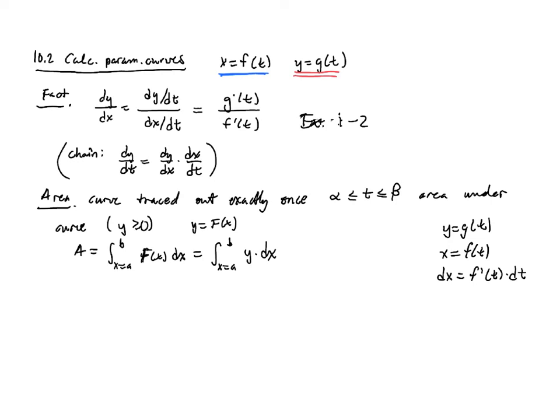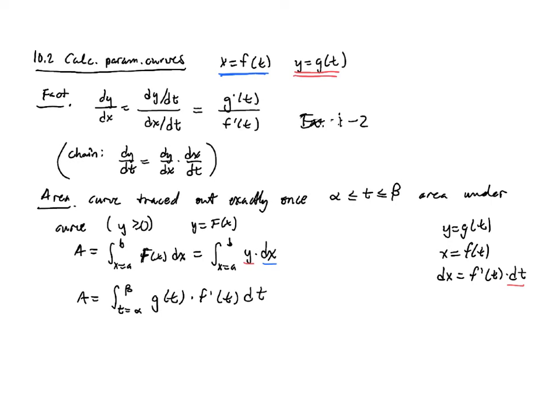Since everything is given in terms of t, I need to change my x limits in the integral to t limits, and we end up with the formula: the integral from t equals alpha to beta of g of t, my y equation, times f prime of t dt, my dx formula.